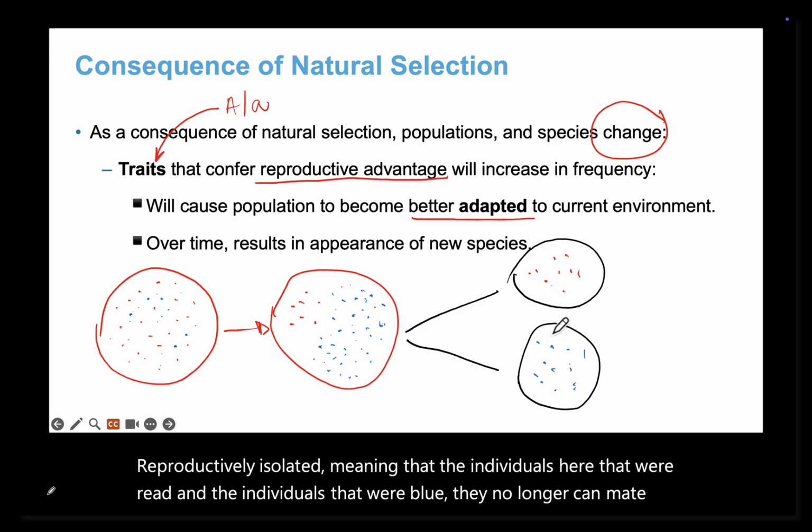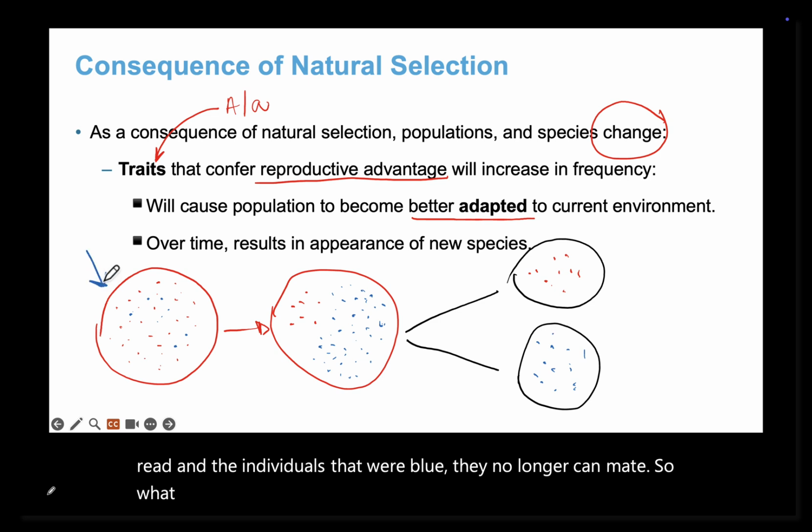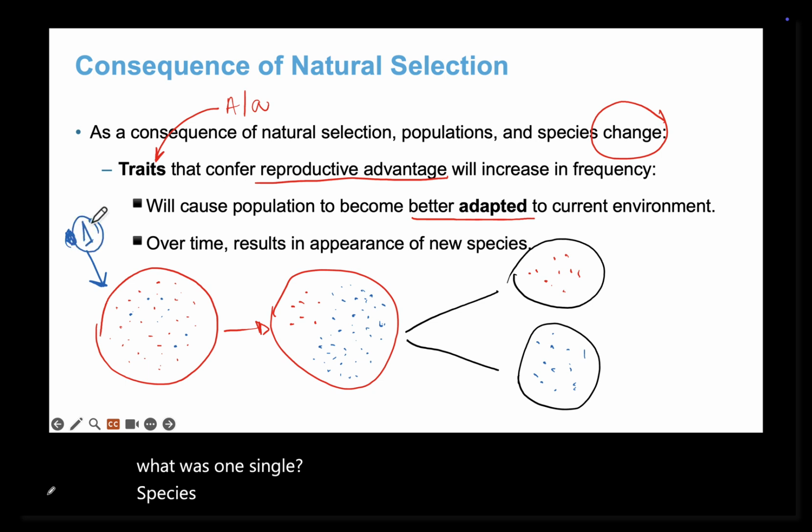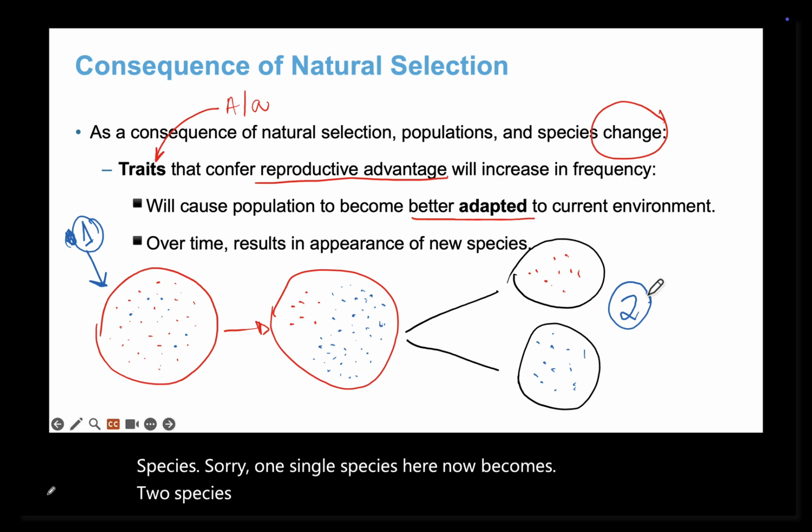So what was one single species here now becomes two species in the future. Okay?